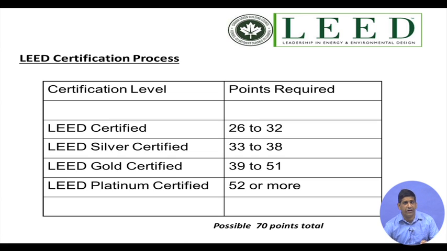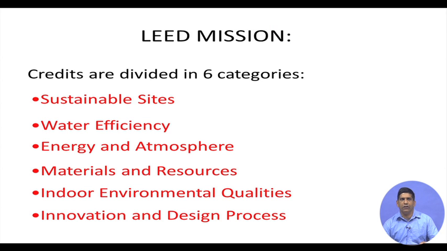As you can see, it seems to be a very competitive certification. It's not that easy to get, because even for platinum the score is only 52, which is less than 80%, around 75%. So it requires a lot of stuff.